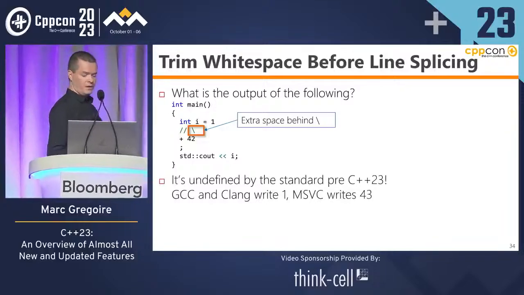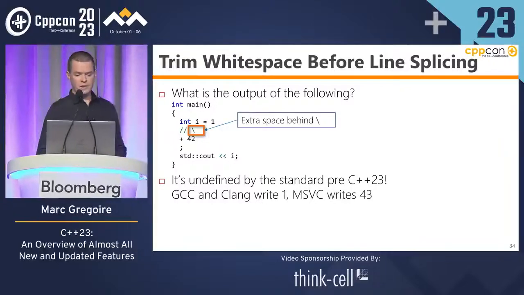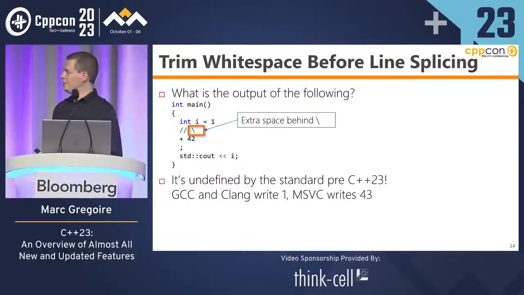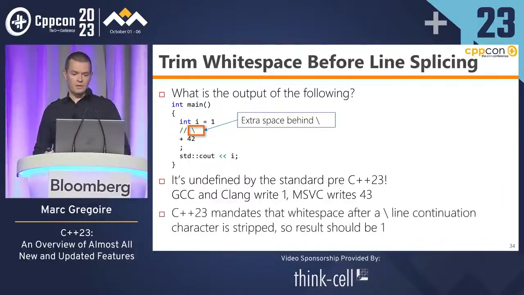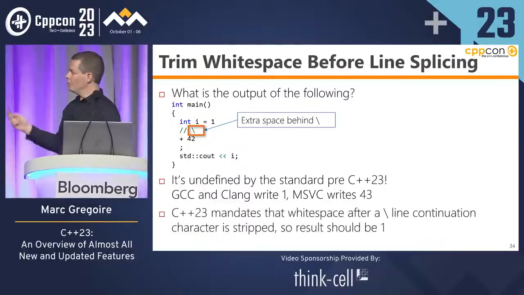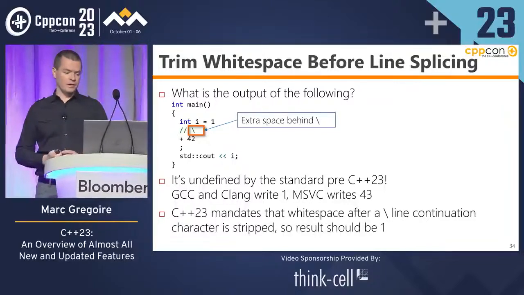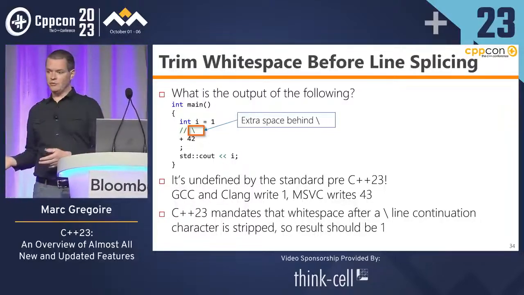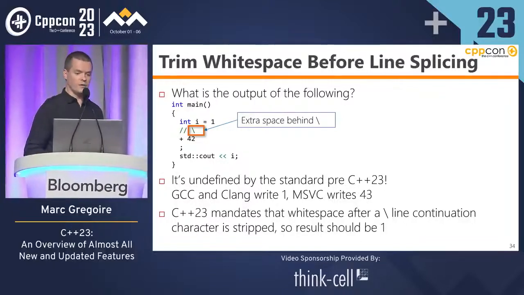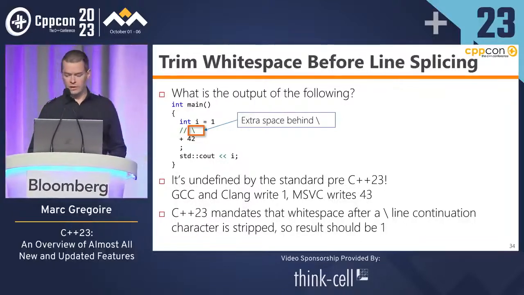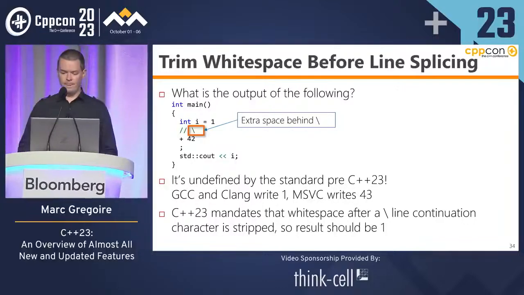In fact, GCC and Clang would write 1, while MSVC would write 43. That is before C++23. Now it is actually required by the standard that all the white space behind a line continuation character is stripped first, and then the output of this code must be 1 with the latest compilers.